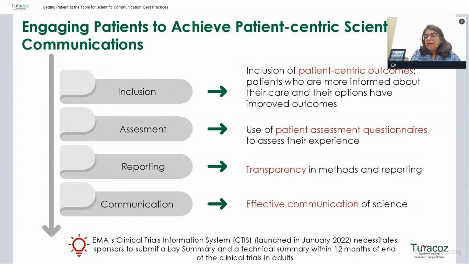Second is assessment. We have to assess the patients, maybe by conducting surveys or questionnaires, to assess their experience and take their feedback on various aspects of the treatment and the care being given to them. Reporting: whatever research is coming out has to be reported, and reporting has to be done in a lay language summary.